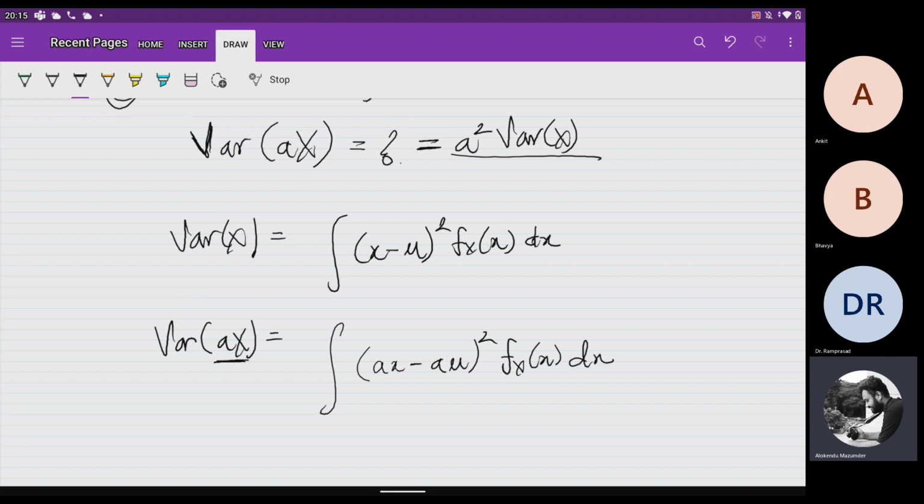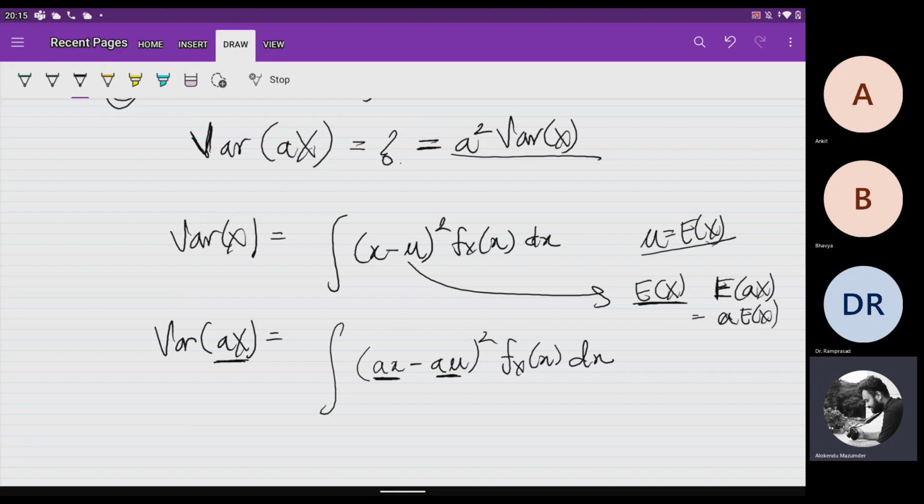See, there was ax, hence ax is here. Now mu is nothing but expectation of x, right? So the expectation of ax will be a times expectation of x. So that's why a mu I have written here. So basically I'm denoting mu as expectation of x here.